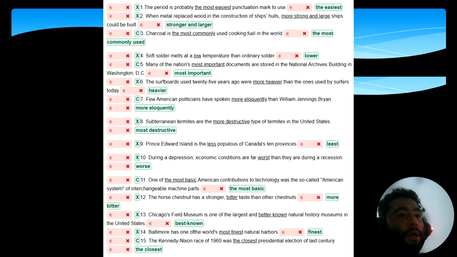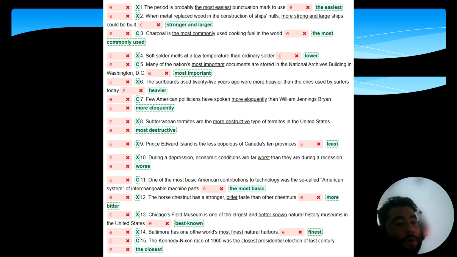Okay. So, as you can see, for example, in number one, the correction will be the easiest. Remember, when we have a superlative, we need to use the, and in this case, it's a short adjective. We need est at the end. In the case of number two, the correct answer will be stronger and larger.